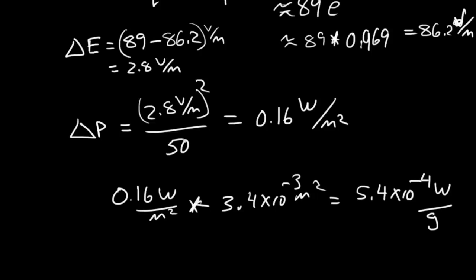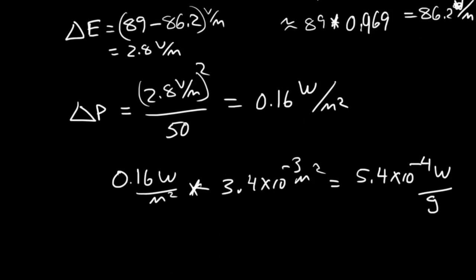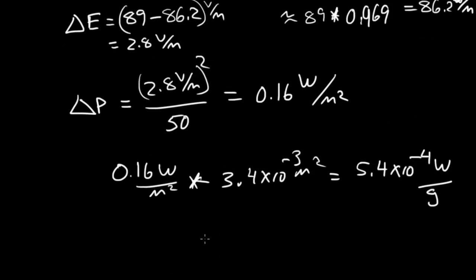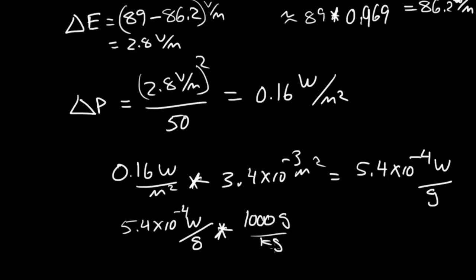Okay, that's not what we need. Oh, let me leave it here. We need watts per kilogram, so we need to convert that 5.4 times 10 to the minus 4th watts per gram times 1,000 grams per kilogram equals 0.54 watts per kilogram.